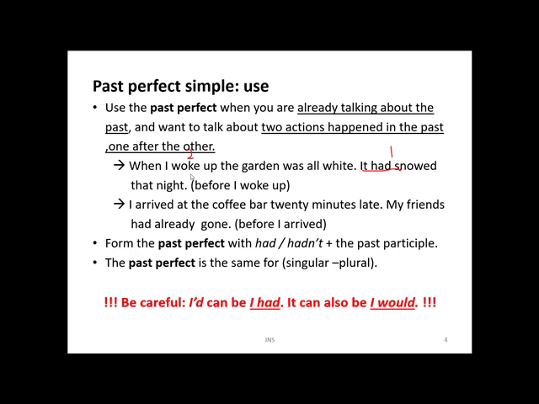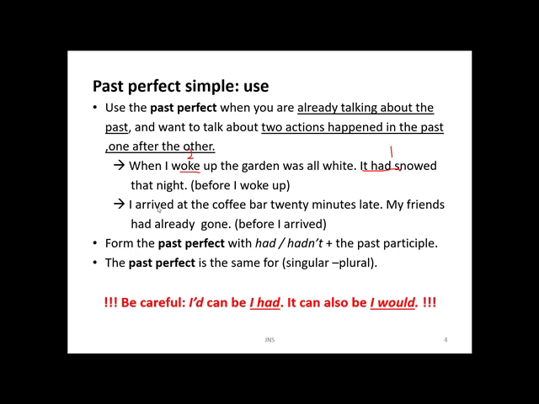The second action is written in the past simple. Of course, as you read this sentence, you understand there is no interruption. These two actions happened in the past, finished in the past, but they happened one at a time, meaning it snowed first, and then I woke up to find that my garden was all covered in snow.